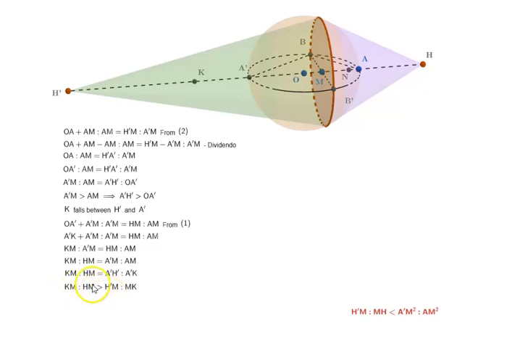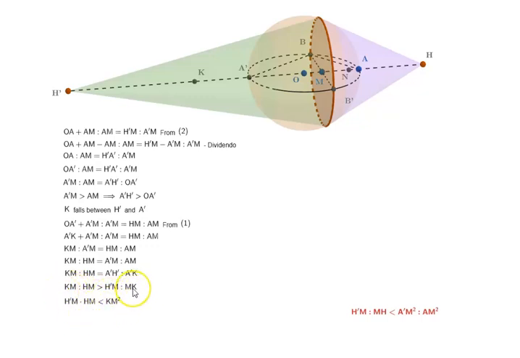KM is to HM becomes greater than H prime M is to MK, which means H prime M times HM is less than MK square or KM square.